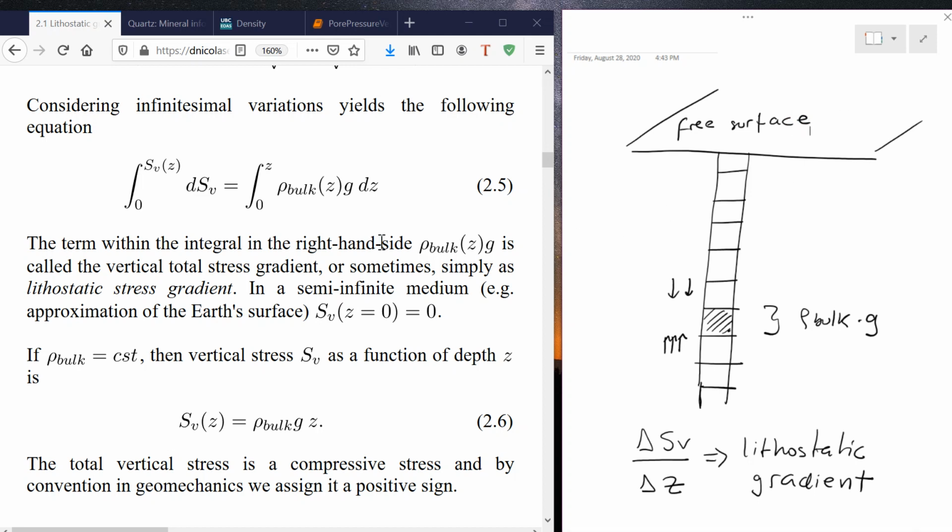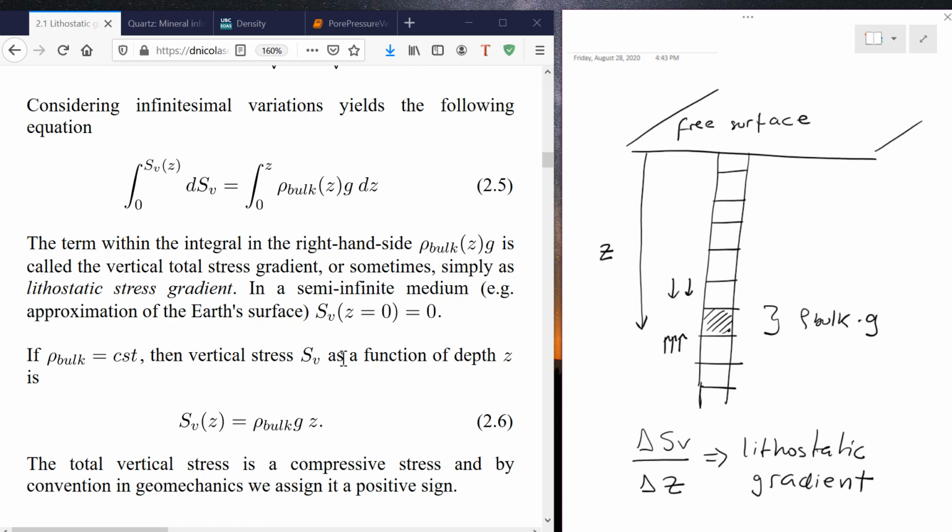And if I consider that the mass density of all of these blocks here is the same, then the integral of the differential of z is just z going from 0 to depth z. And therefore, the equation simplifies to vertical stress being the product of the mass density of the rock, including everything, minerals, water, everything, times the constant of gravity times depth.